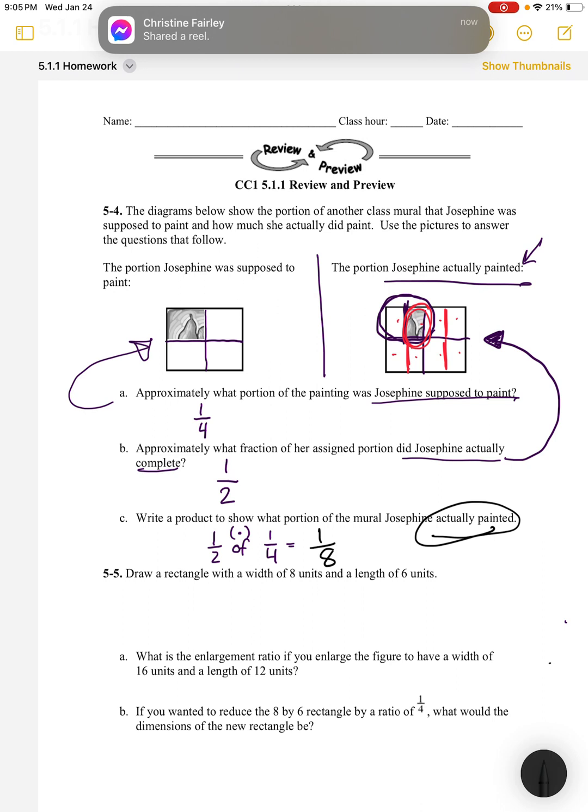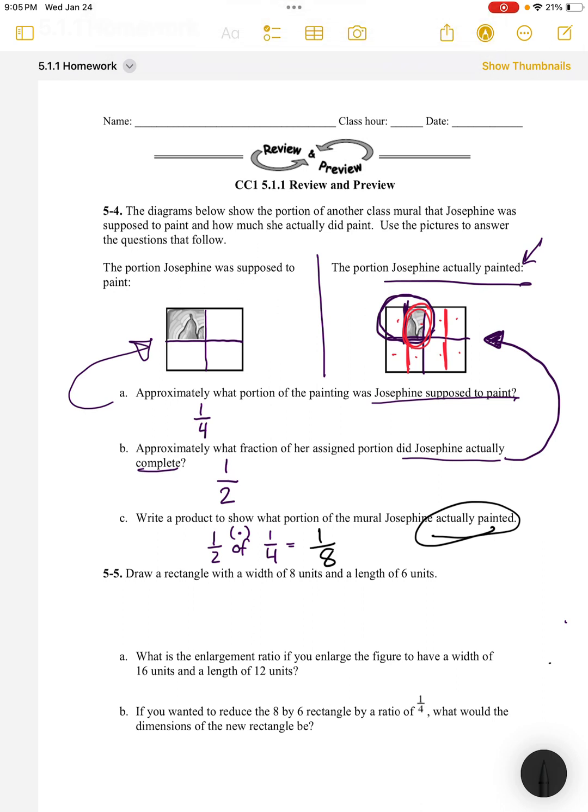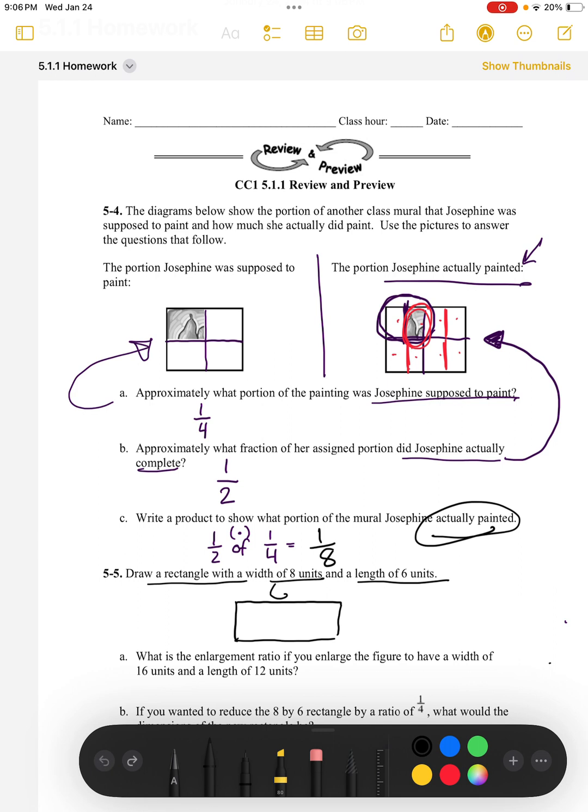Okay, moving on to problem number 5. Draw a rectangle with a width of 8 units and a length of 6 units. So I'm going to draw a rectangle. No, I did something wrong there. We'll erase it.